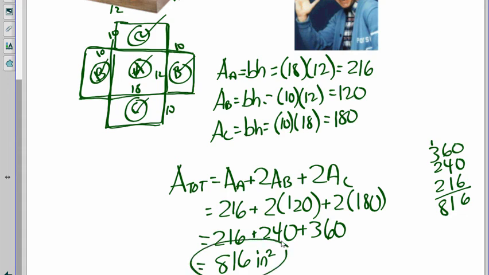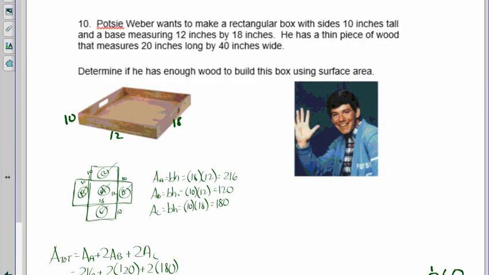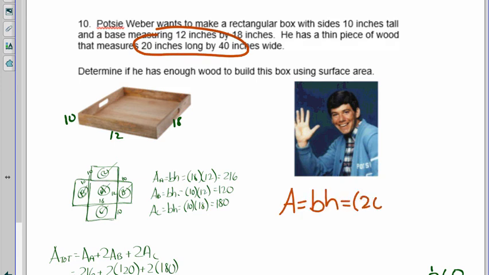Does he have this? Well, we have to find out how much wood he has. And it says the piece of wood that he has is 20 by 40, 20 inches by 40 inches. So that's base times height, 20 times 40. 2 times 4 is 8. With 2 zeros, he has 800 inches squared. So you can see he doesn't have enough.